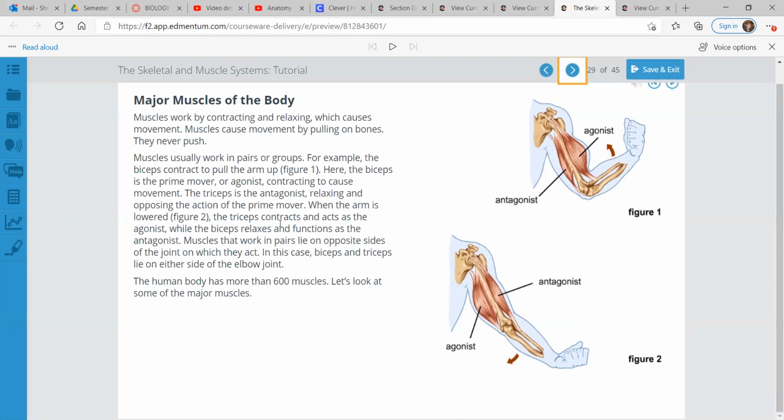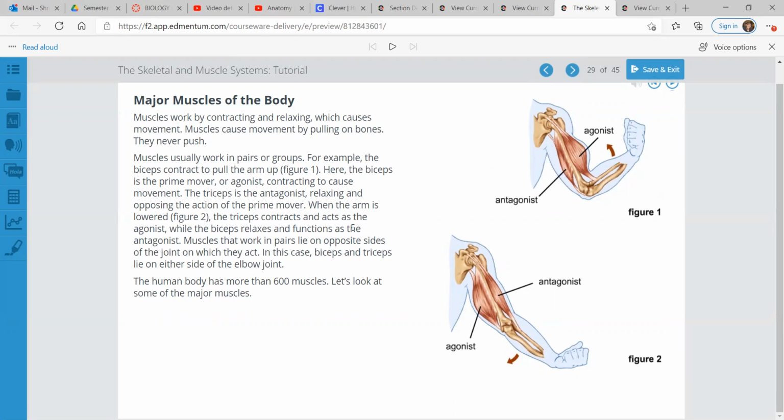We call that the antagonist. We have agonist, and then they put the ANT in front of agonist, so antagonist. So if you're contracting your bicep like this, the bicep is the agonist, while your tricep on the back of your arm is the antagonist.